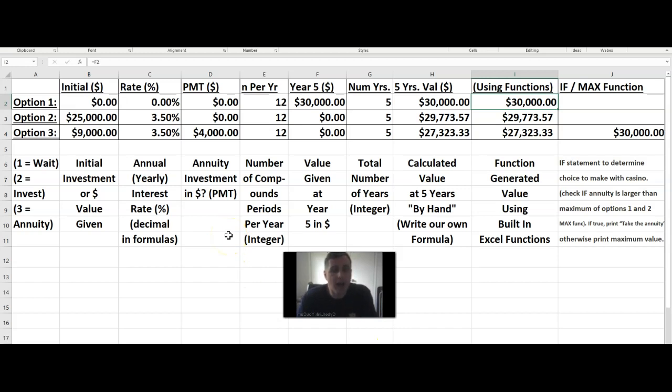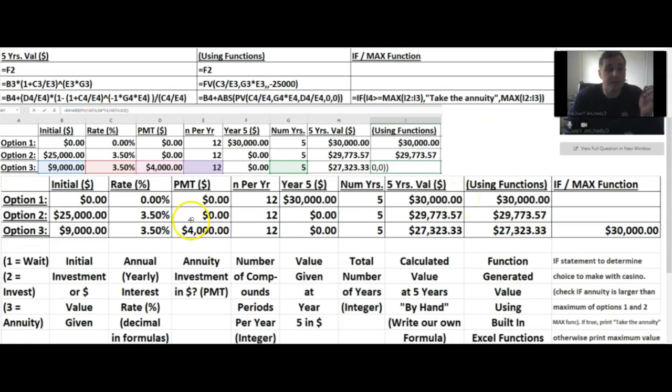All of this I have summarized on a board here. This board summarizes what I've been saying. It summarizes what those formulas look like, either calculating by hand or using the functions.